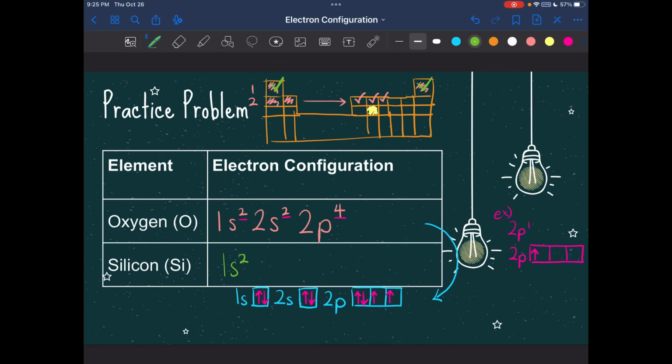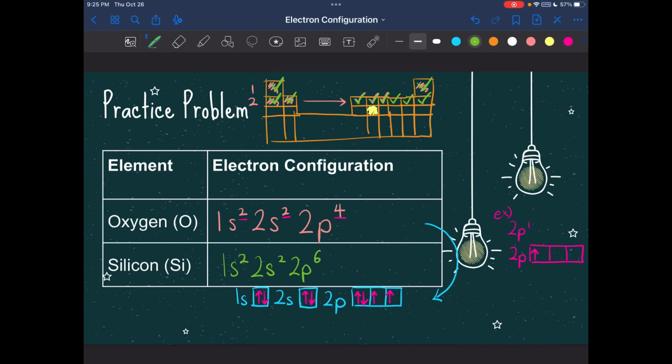Moving on to the second row, we have 2s. We're covering the first 2 boxes in the S sublevel. Now let's move on to 2p. But here's the thing. Our silicon is in the next row, which means we're going to cover 1, 2, 3, 4, 5, 6 boxes. So 2p6.